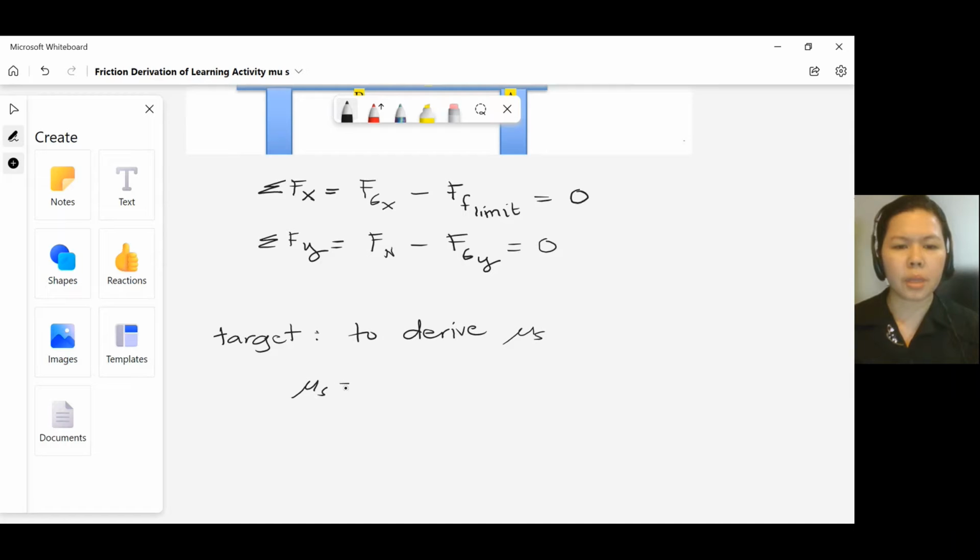We have mu sub s equal to FF limit over Fn. This is from our equation 4.7. So we will get an expression of FF limit and Fn from our experimental setup so that we can obtain mu sub s experimentally.